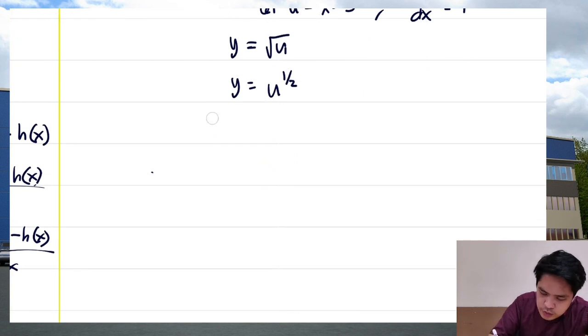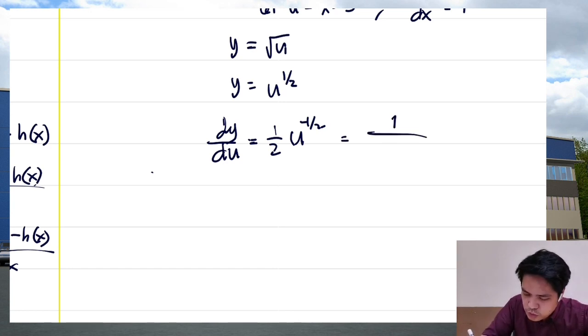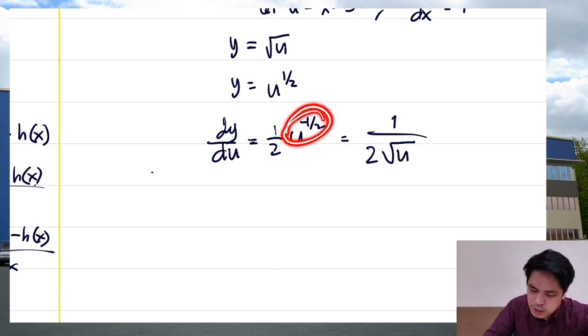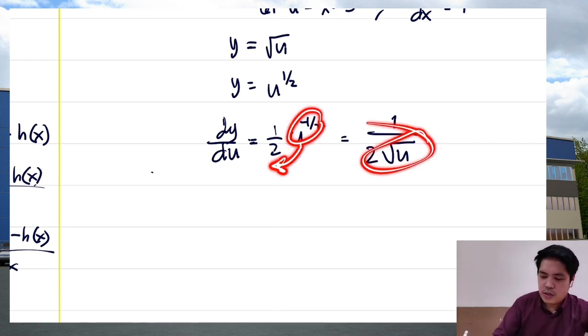So we have dy over du equal to 1/2 u raised to 1/2 minus 1. Sorry, that would be negative 1/2. Okay, so if we rewrite that, dy over du would be 1 over 2 square root of u. Diba? Balik natin sa radical, then lagay natin sa denominator. It would be like that.